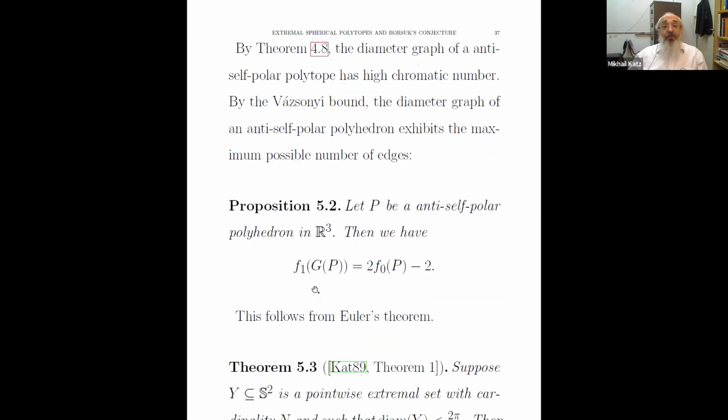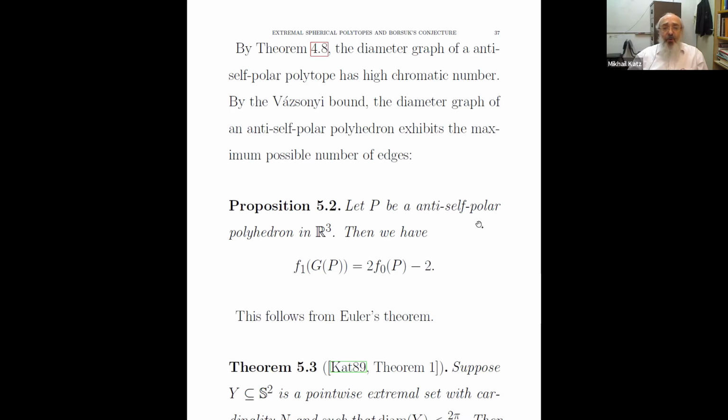Now, the problem with Vázsonyi's conjecture is that it makes no sense in R4, as we will see on the next slide. First of all, we can show that the number of edges in the diameter graph of the anti-self-polar polyhedron in R3 is 2f0 minus 2, which is the same as Vázsonyi's bound in R3.